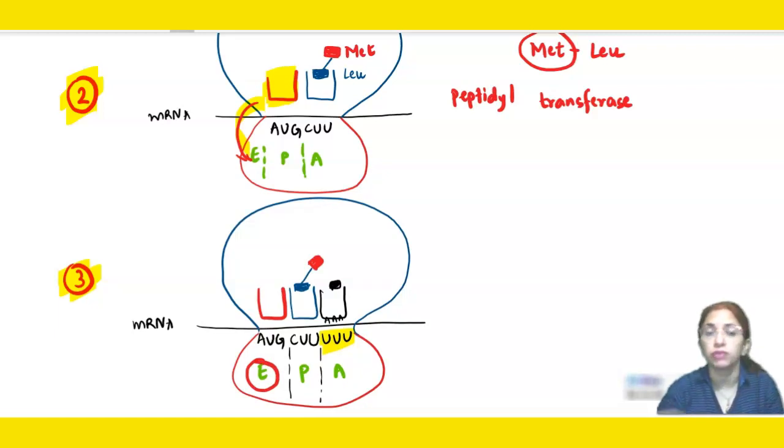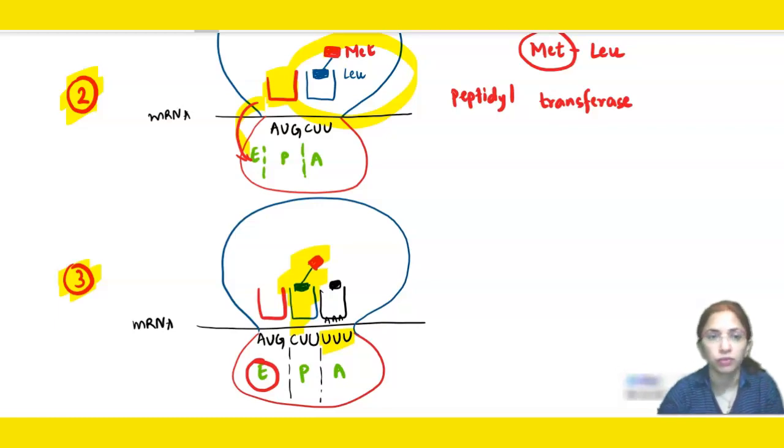And of course, when walking is happening, the A site material will come to the P site, and that has been shown here. See here, it was in this position at the A site, and in step number 3 it is at the P site, right? That means our A site is again blank, right?